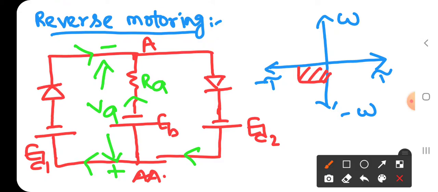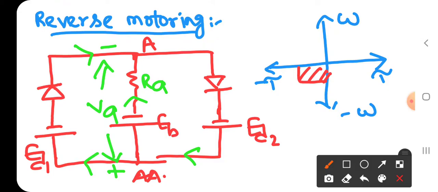The voltage applied to armature, VA, is positive at terminal AA.